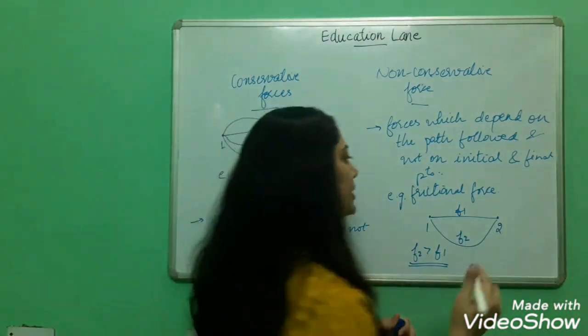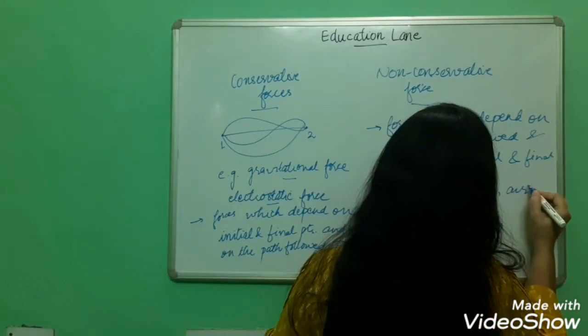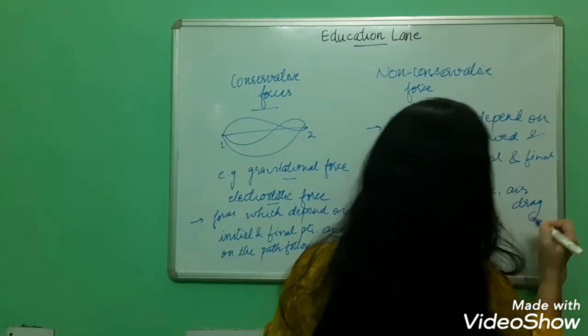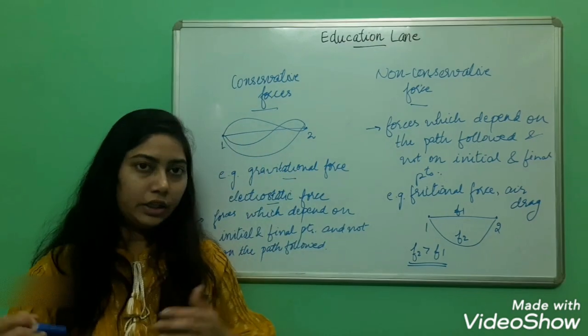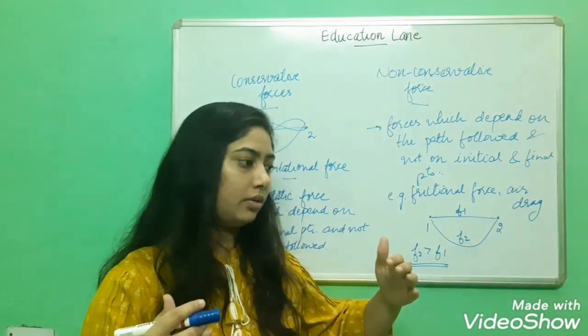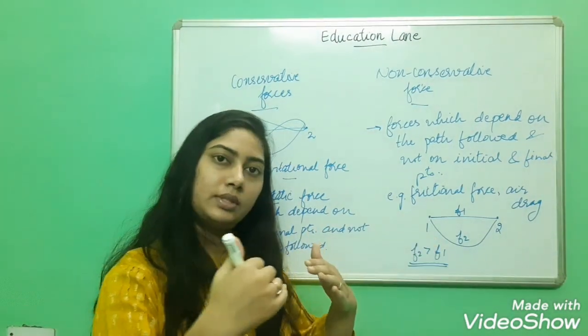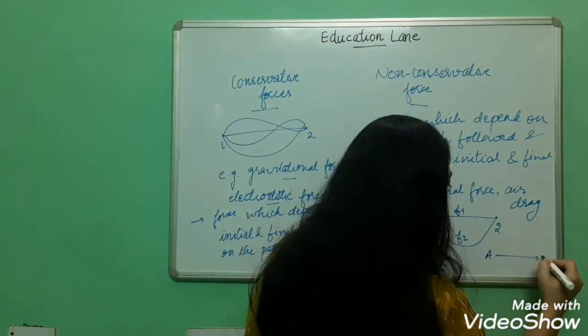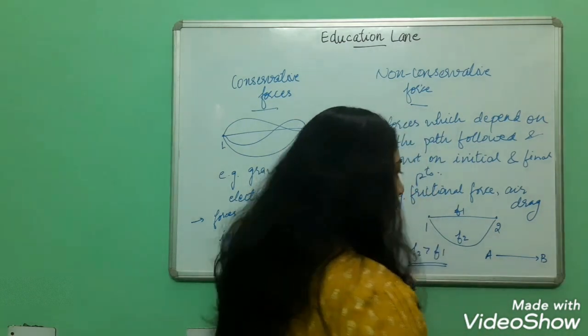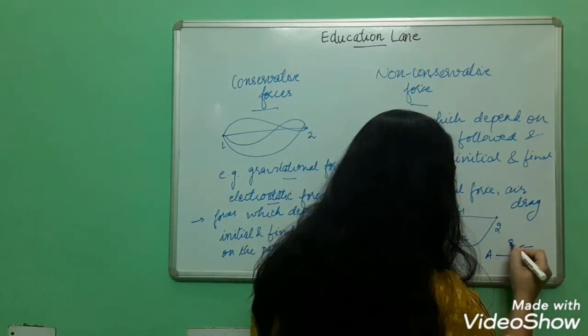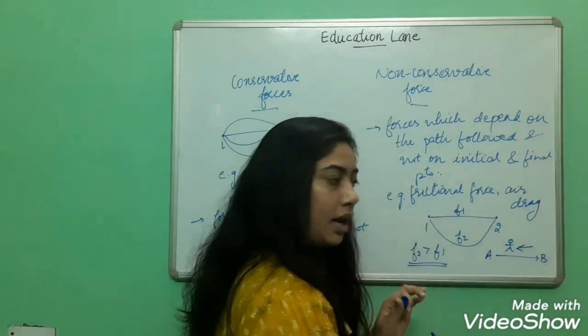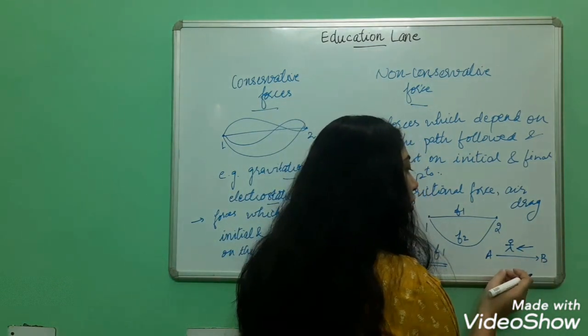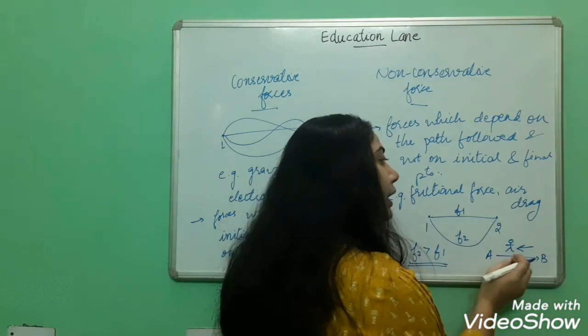Another example is air drag. What is air drag? Suppose you are going from A to B and then from B to A. Now there will be some force which will act on you, that will be air drag.